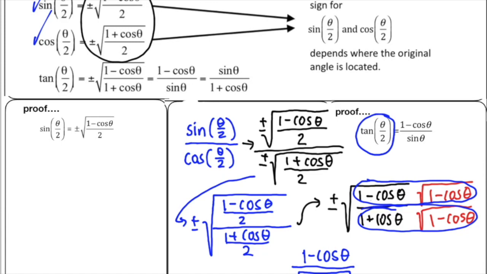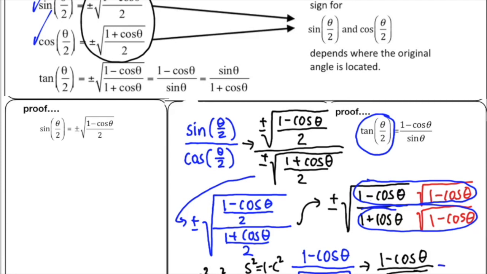And so I know that 1 minus cosine squared, if I'm looking at the Pythagorean identity, sine squared plus cosine squared equals 1, it would follow that sine squared equals 1 minus cosine squared. So I can replace that with just sine squared on the bottom. So I got 1 minus cosine theta all over the square root of sine squared theta, which now when I take the square root of that, I am just going to get sine.